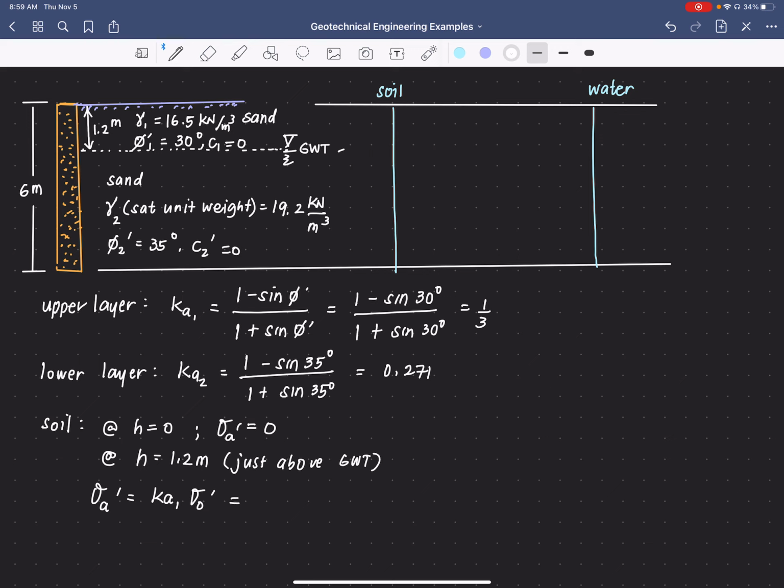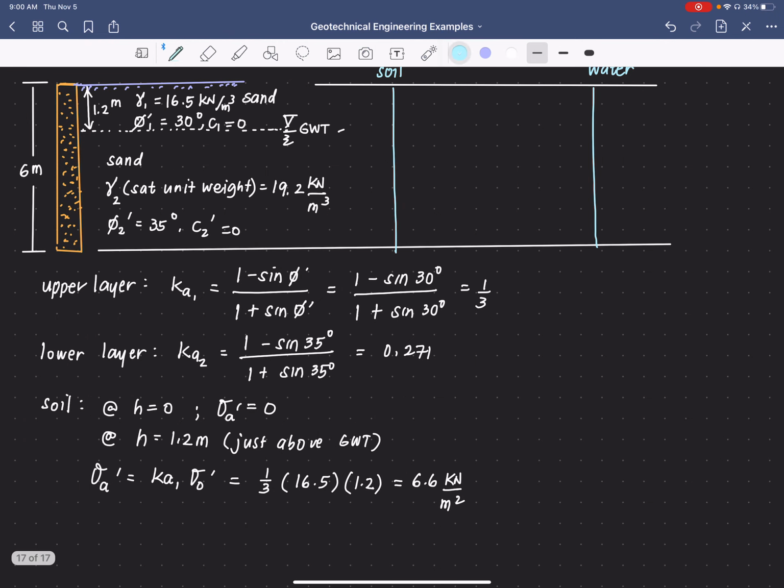That would be equal to, where Ka1 is 1/3, multiplied by the dry unit weight of 16.5 and multiplied by the height of 1.2 meters. Okay, so from here, the answer is 6.6 kilonewton per square meter.